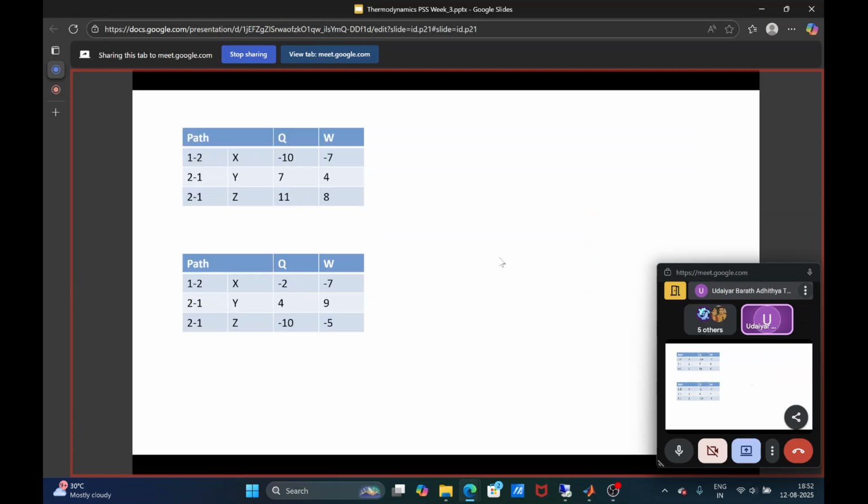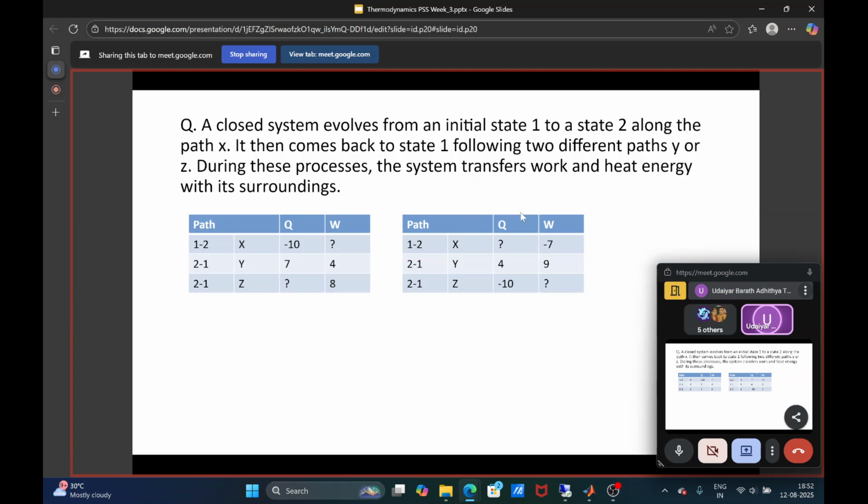Similarly, for the second case, Q for x plus 4 equals minus 7 plus 9, which gives 2. So Q for x is minus 2. Similarly, minus 2 minus 10 is minus 8, which is Q, plus minus 10 for z, so you get minus 8.